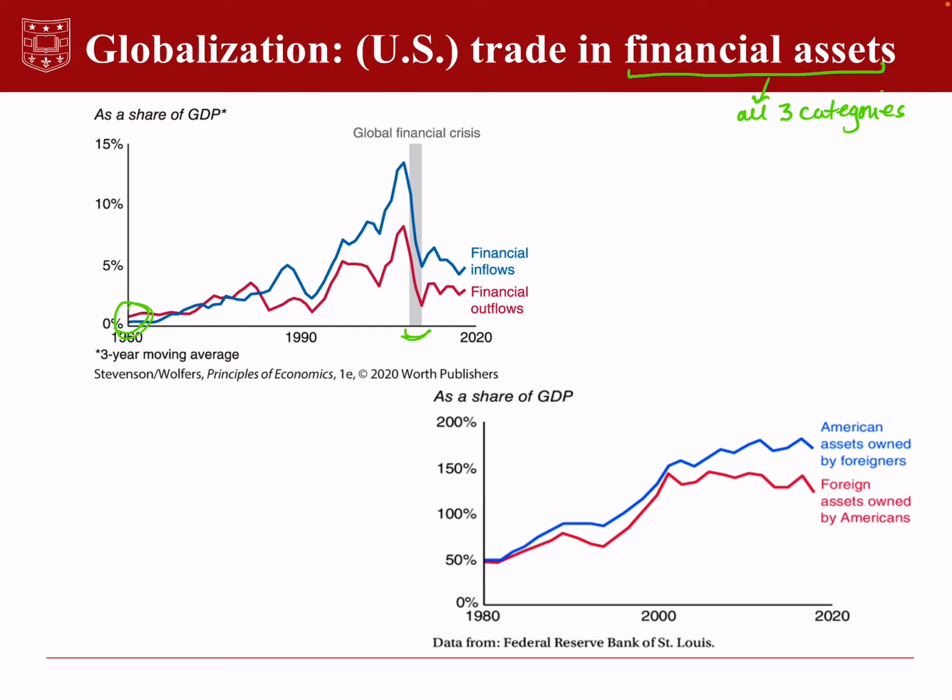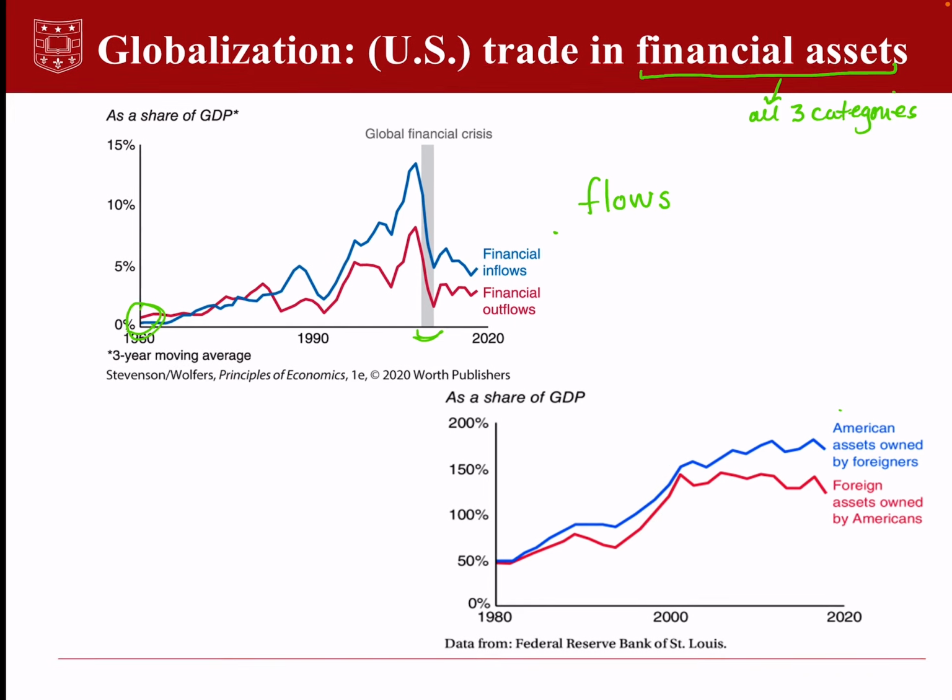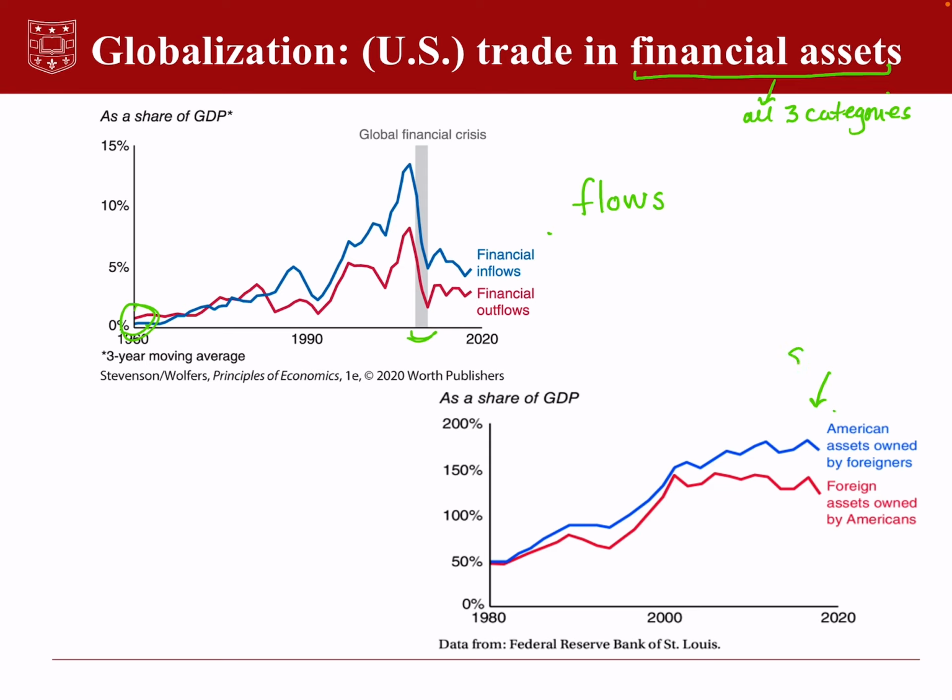The difference between this picture and this picture: the first one is describing flows. So this is, say, the dollar inflows to the US from the rest of the world per year as a share of gross domestic product. What this is representing is the total stock.